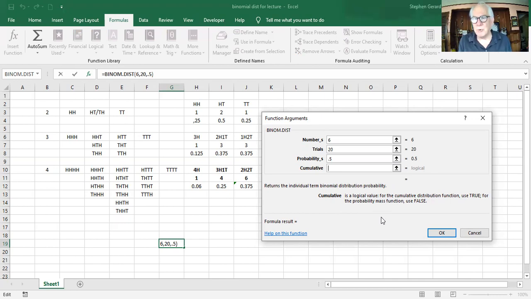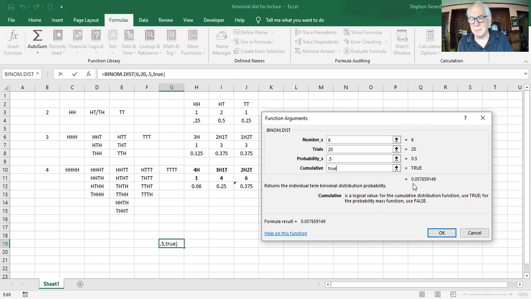False for me is the point probability as opposed to the cumulative probability, the probability of that particular point on the distribution. Since I've said I want up to, that's a cumulative. So let me put in here true.